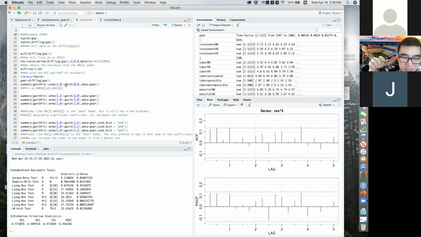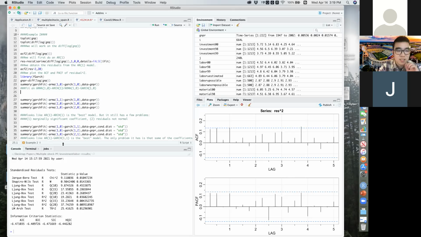If it has a G term, we will later put some orders here. If it's ARCH2, then it is GARCH 2, 0. I will write it more clearly, so as not to confuse you.